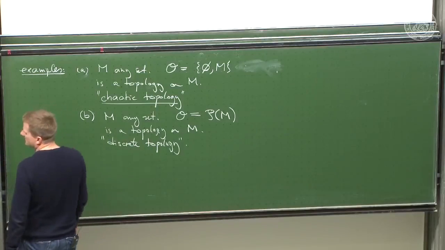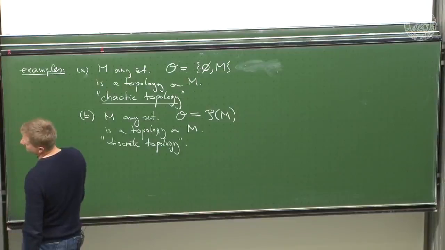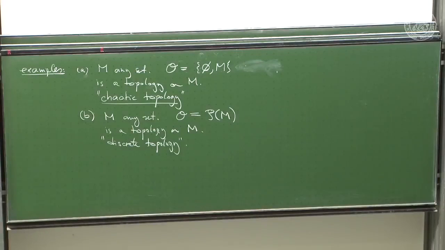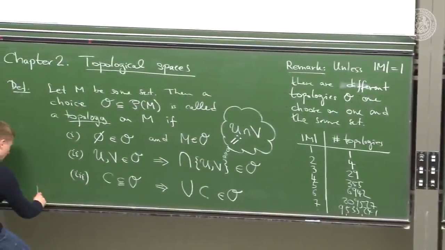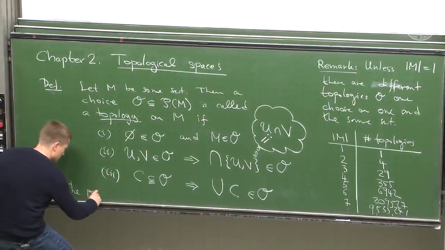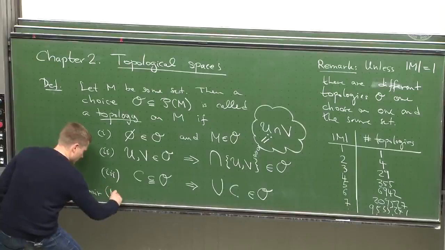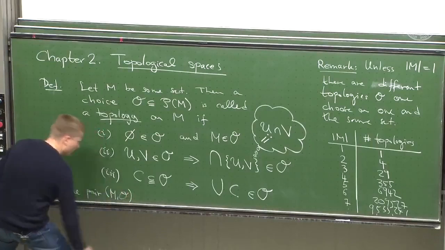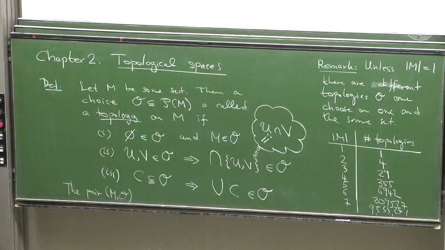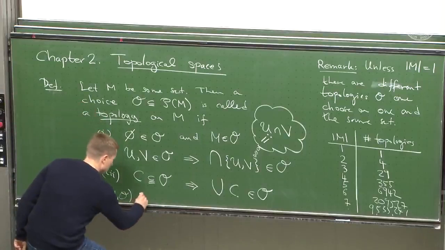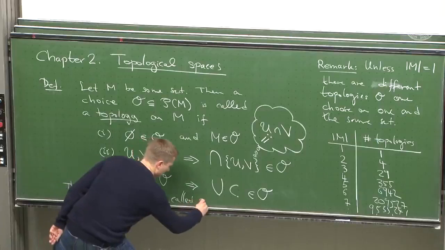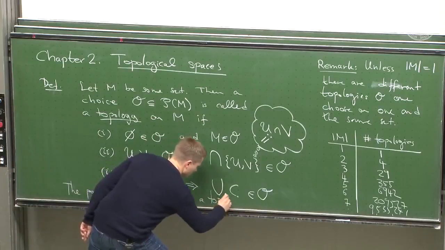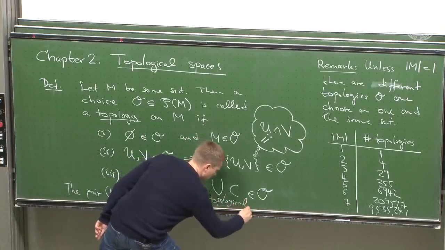And, oh, by the way, I should have mentioned, okay, so let's go back to this blackboard. The pair, it's just terminology, but it's important terminology. The pair where you have the set and you also provide a topology is then called a topological space.